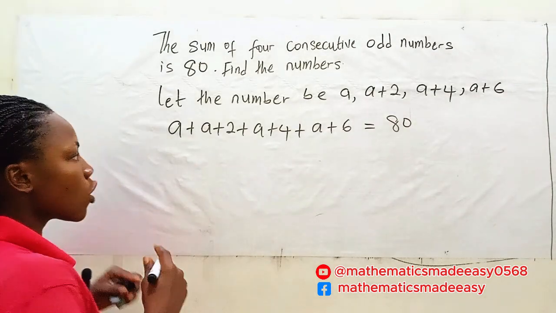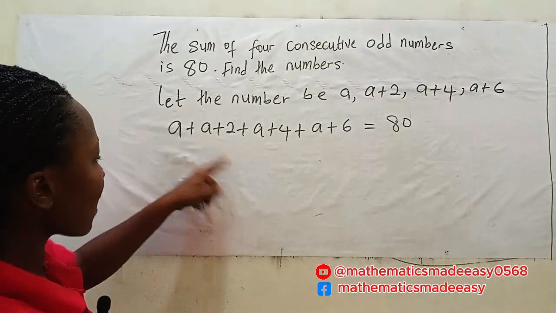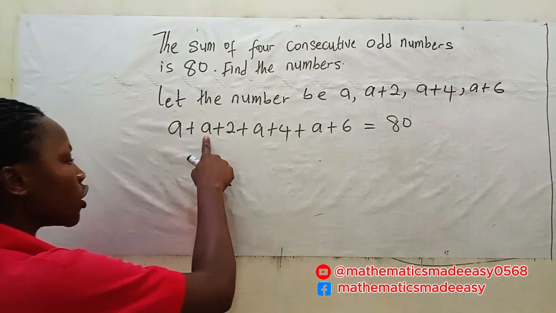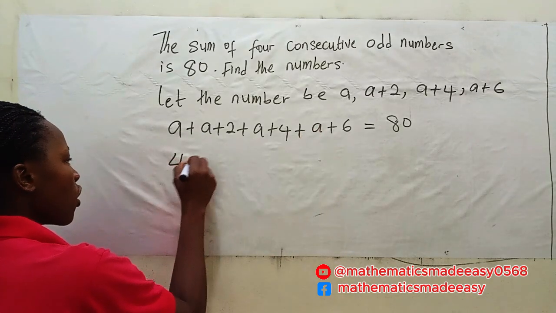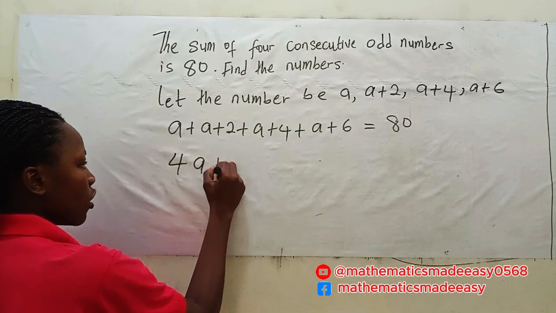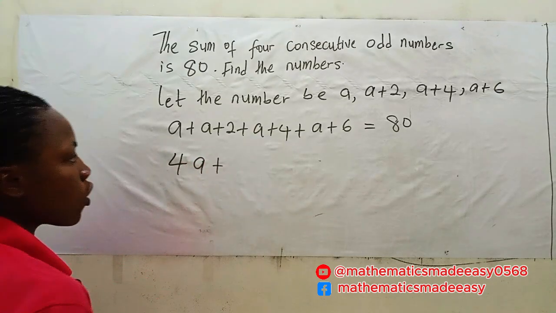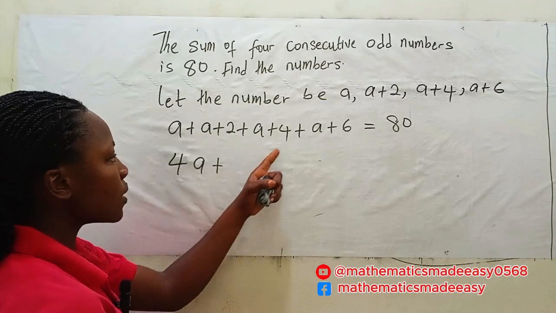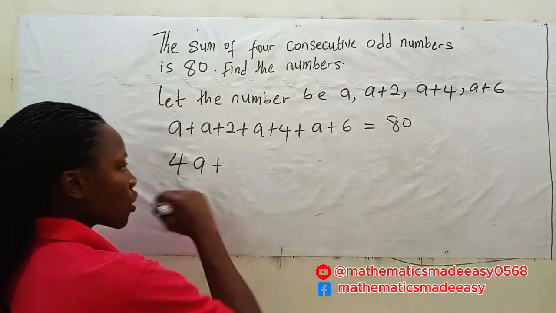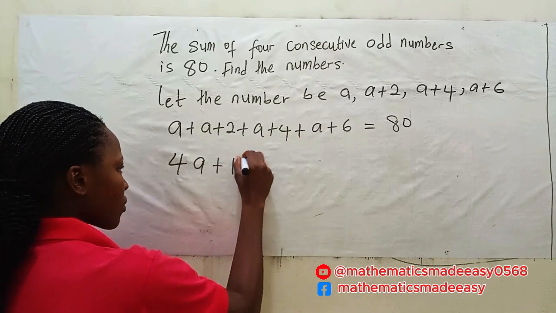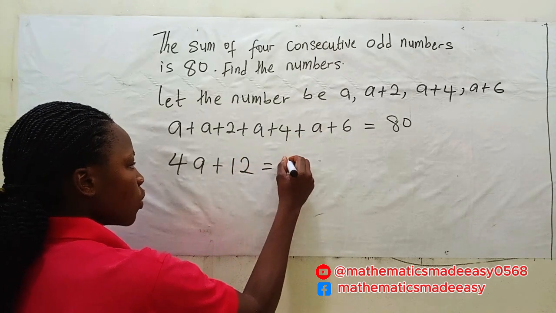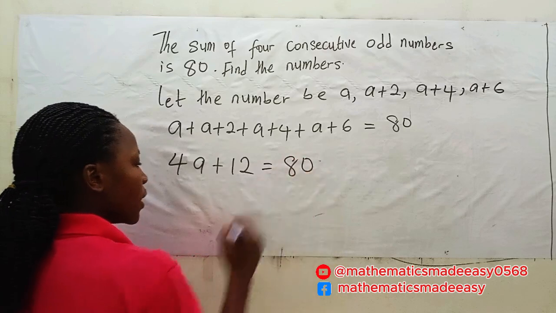All right, so follow me. Let's add our A plus A, 2A, plus A, 3A, plus A, 4A, plus 2 plus 4, 6, plus 6, 12, equals 80.